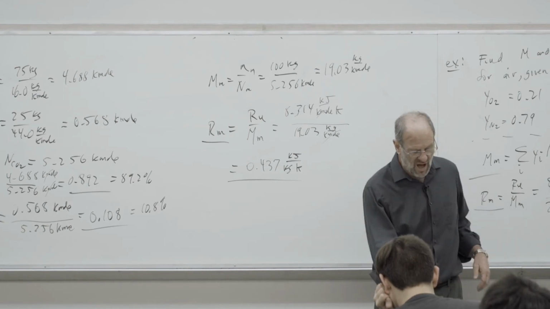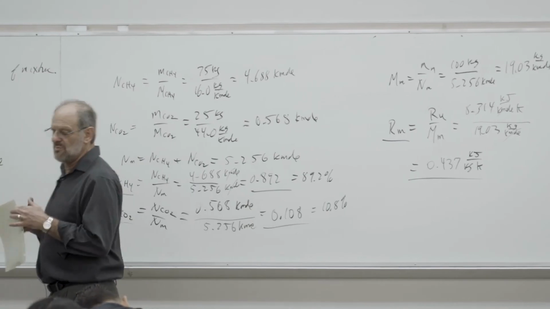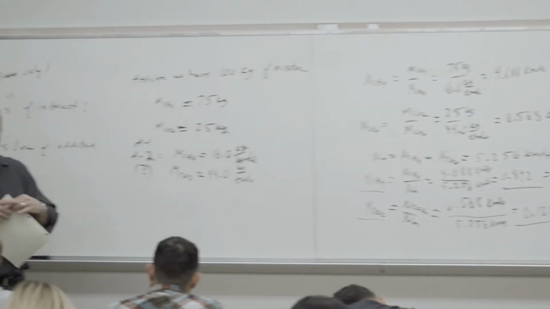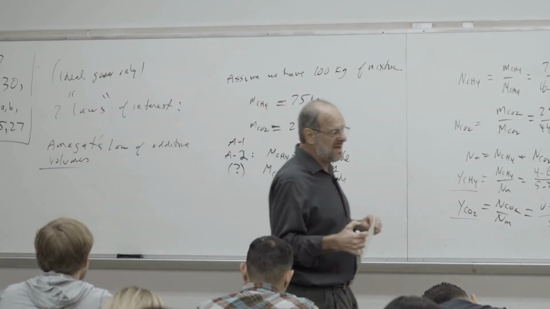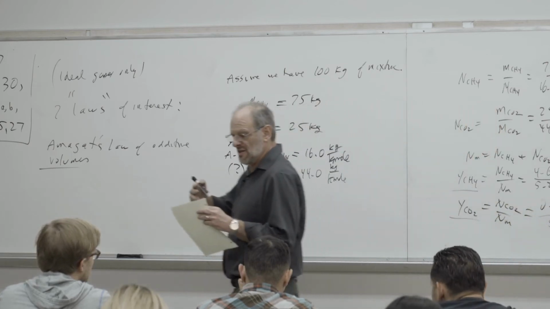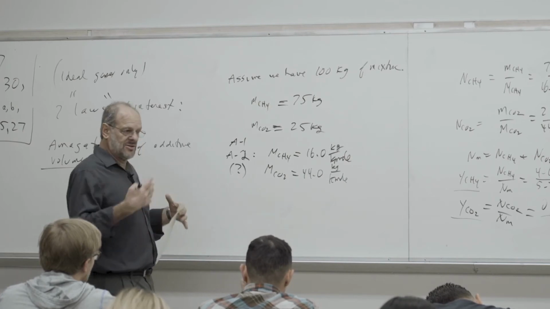So what Amagat's law basically tells us is that we can sum together what we would call the component volumes, that is the volumes that would exist if that component existed alone in that volume. We will just simply sum together all of these component volumes, and together they will add to the total volume.